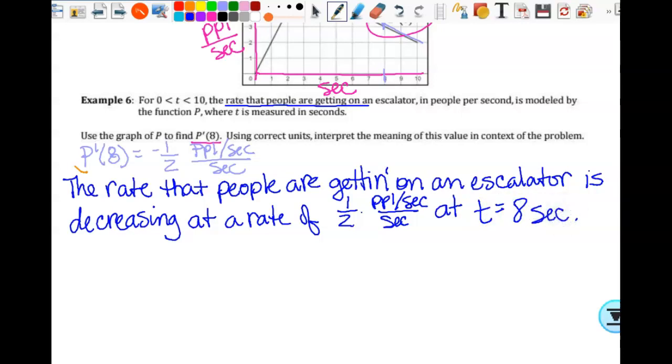Okay. Do you understand how to pull all that out of the question? And if you're just methodical about it, you do it in the same order each time, you'll be fine. Okay? Are we all good? Awesome.